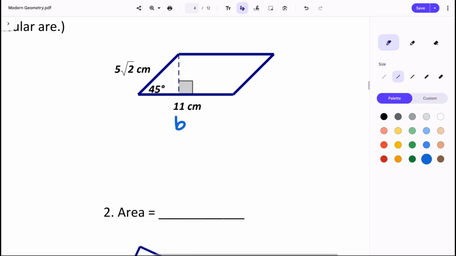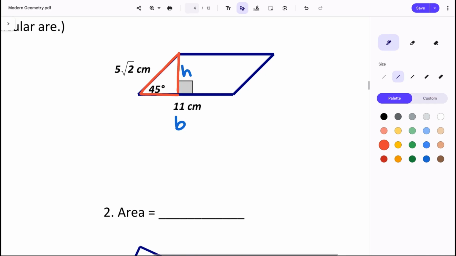But we don't have the height because the height would be on the inside where that 90-degree angle is happening. Okay, but look at what's over here. What kind of triangle is this? It's a right triangle. Now, what else are they adding in on that right triangle for you? 45, which probably means they're wanting you to pull back on some prior information about special right triangles. The 45, 45, 90 triangle.